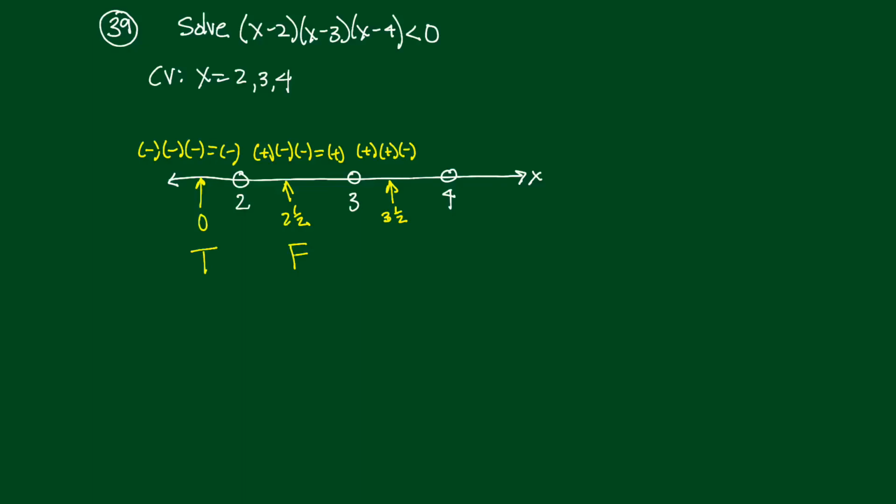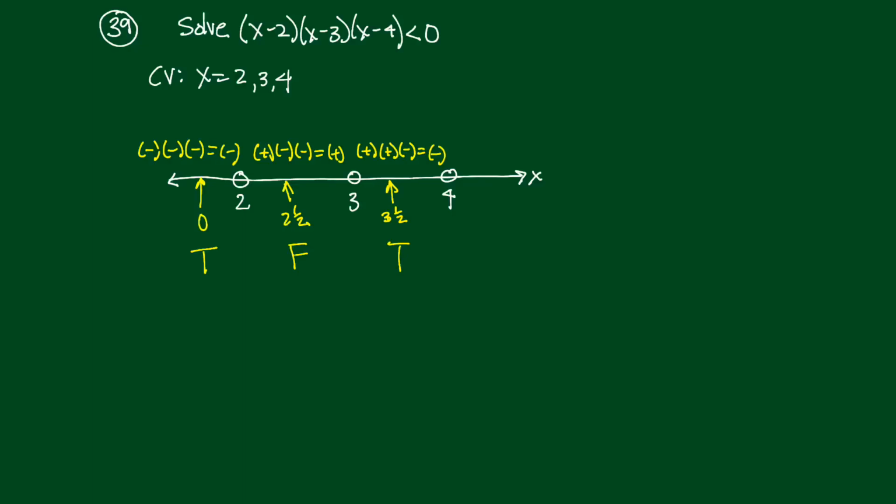Two positives and a negative, when I multiply those together, I get a negative. So if you pick any number in this interval and put that number in here, you're going to get a negative. And then the statement you're making is a negative is less than 0. That's true. So all those numbers are solutions.